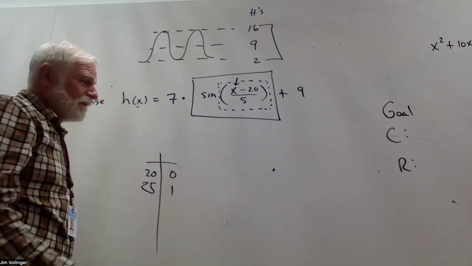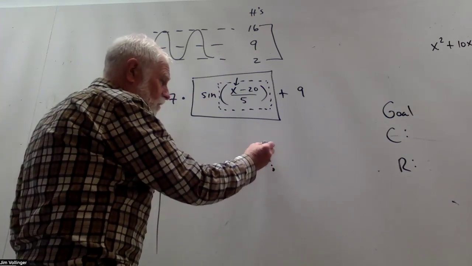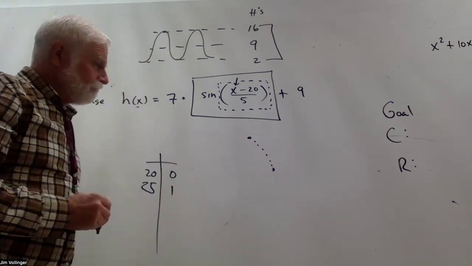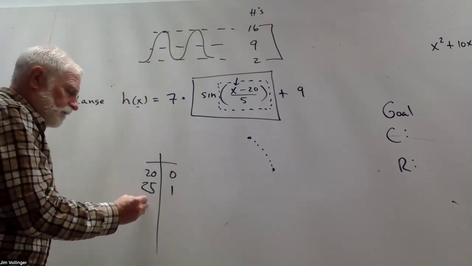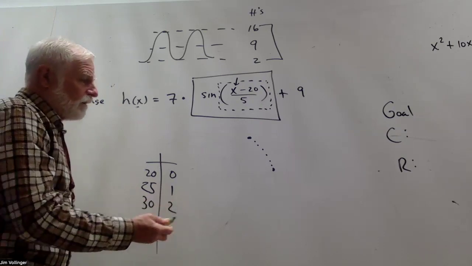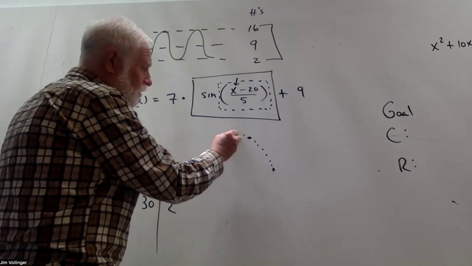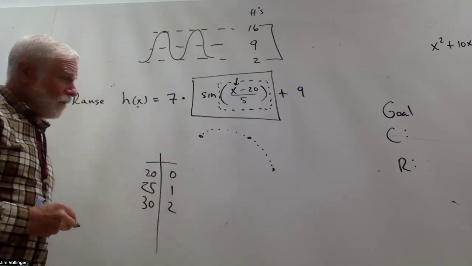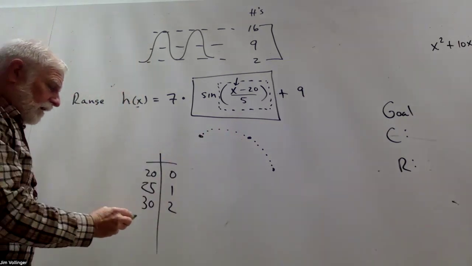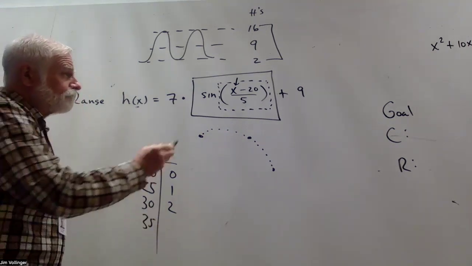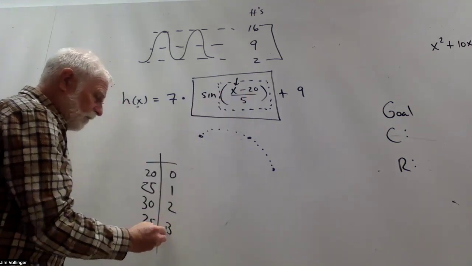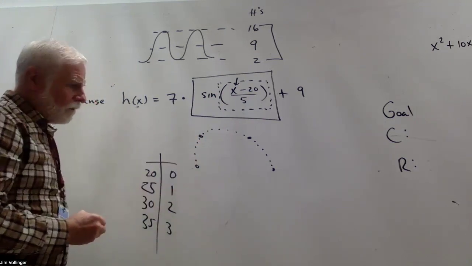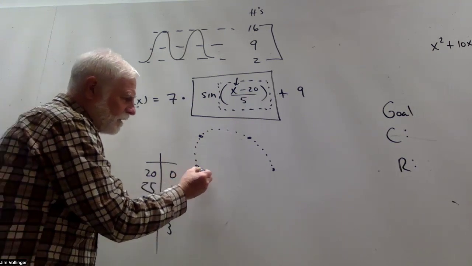Ah, 1 radius length, right about there. And if I put the number 30 in, I get 2 radius lengths, twice that length, right about there. And if I get 35 in here, 15 divided by 5 is 3 radius lengths. That looks about right to me.